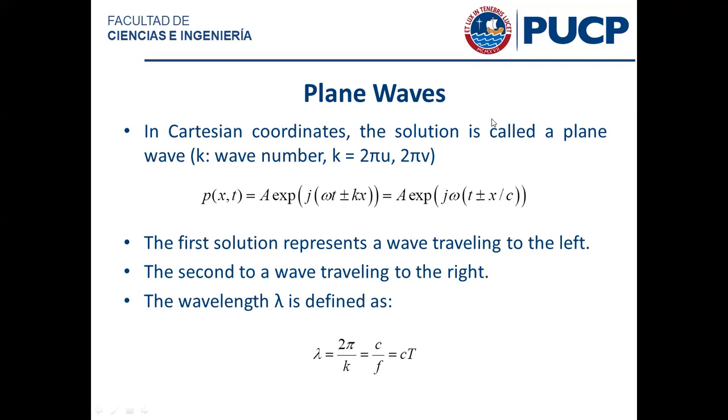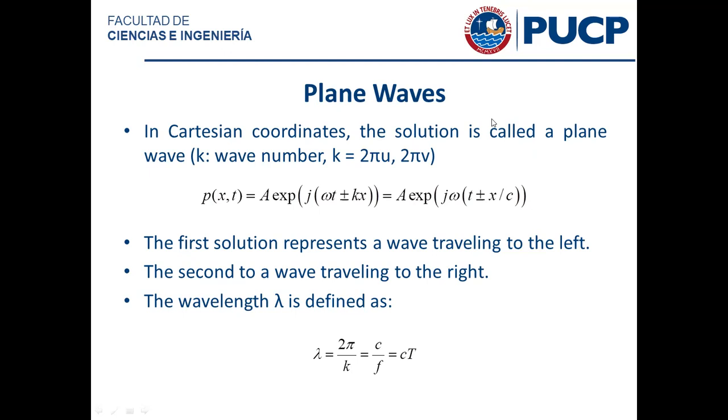Those are the two solutions, which if we factor out the omega, give amplitude times e to the j omega times t plus or minus x divided by c. So it's time plus or minus distance divided by speed.